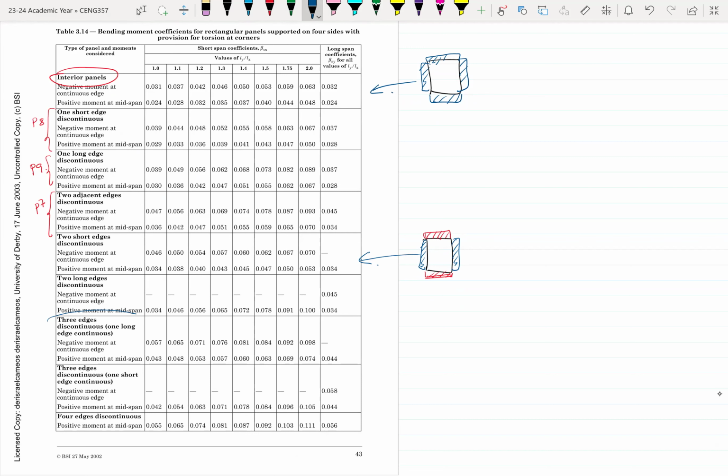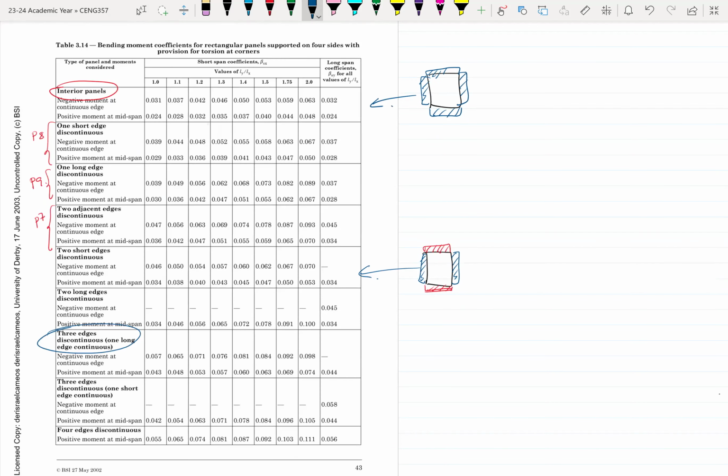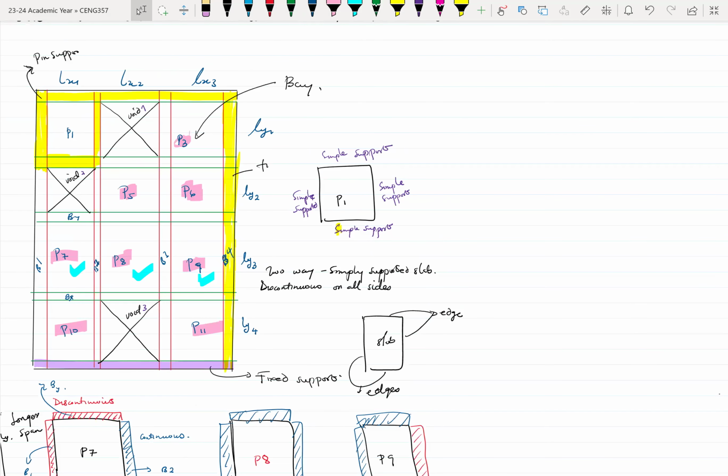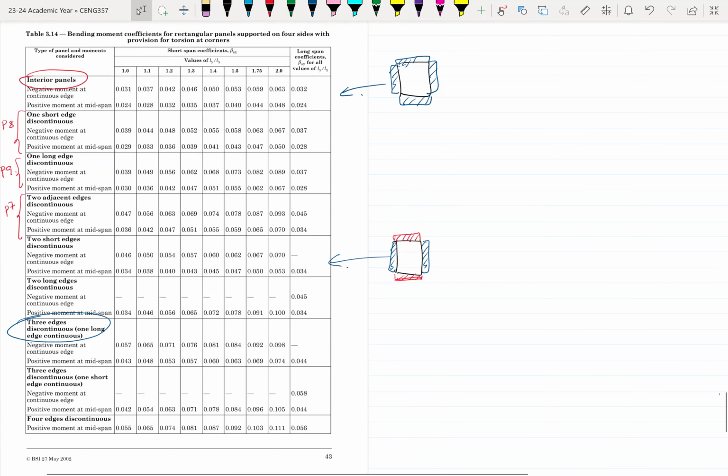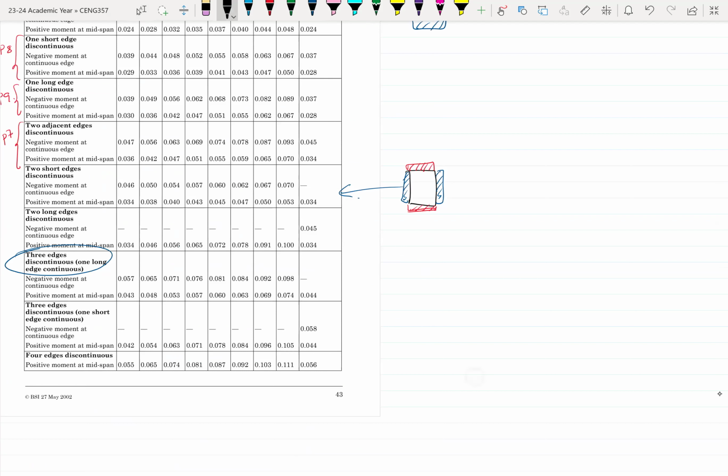Then we have three edges discontinuous, and in this case, one long edge continuous. I don't have any example to show you, but usually this is how it's going to look. Let me go ahead and draw it.